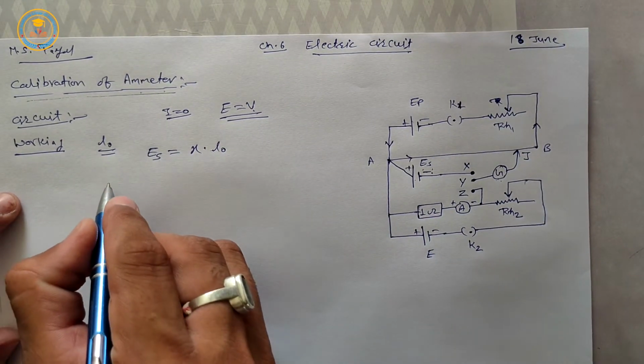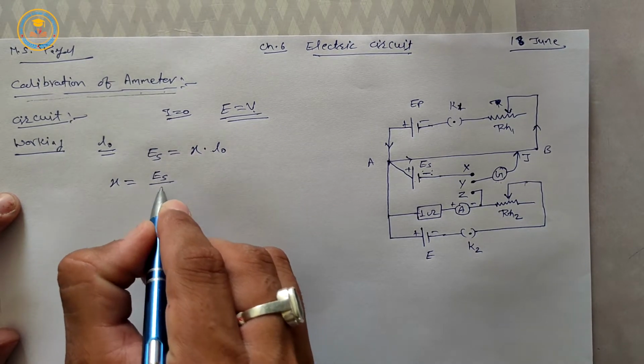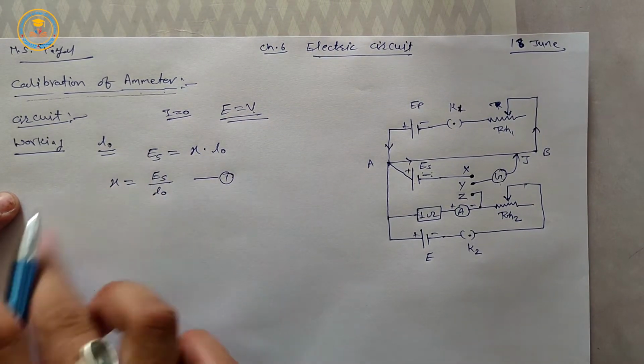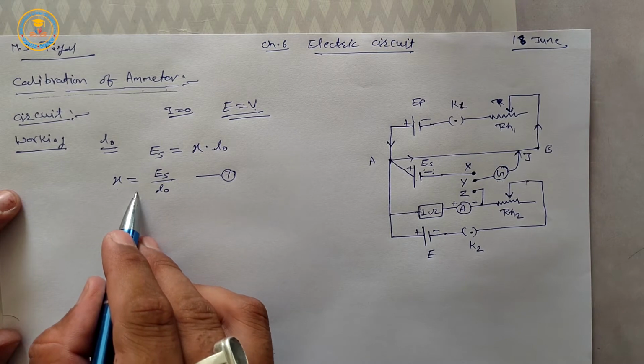So from this equation, potential gradient is equal to ES upon L0. This is equation number 1.